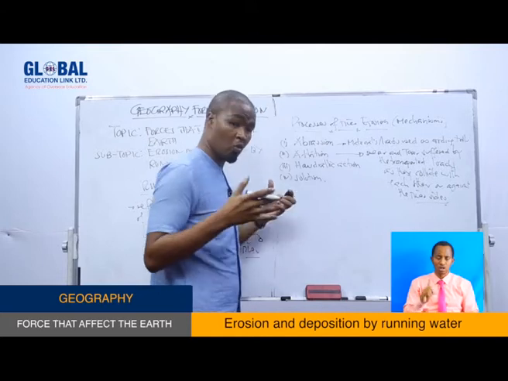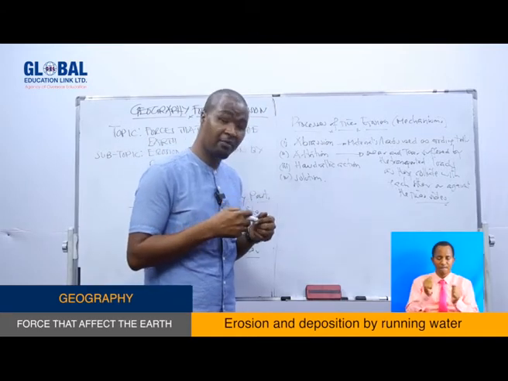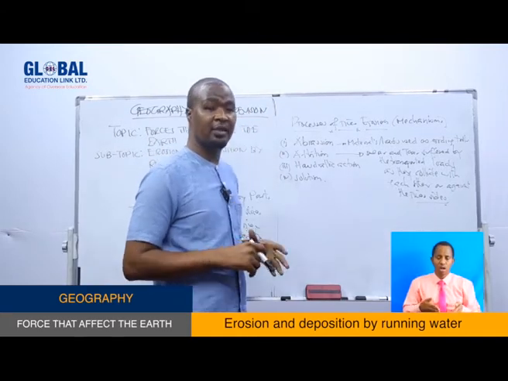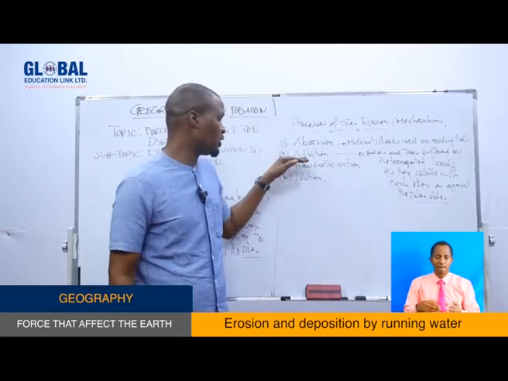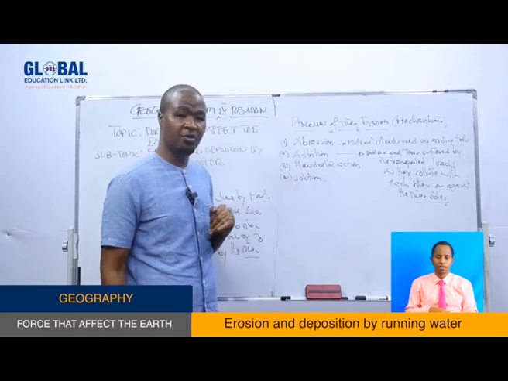Are you with me? Once the material transported by the river collides with each other or against the river side and splits into fine pieces, remember that is what is called erosion, and the mechanism is called attrition.